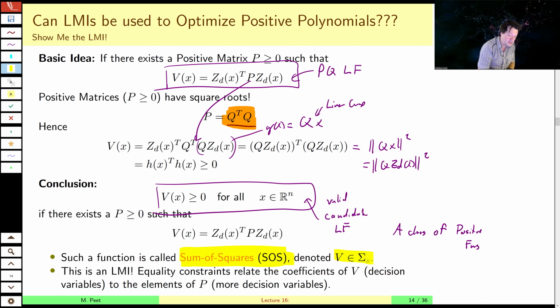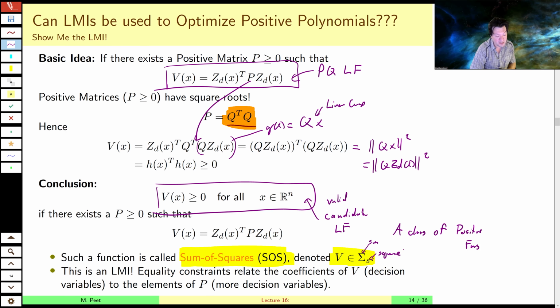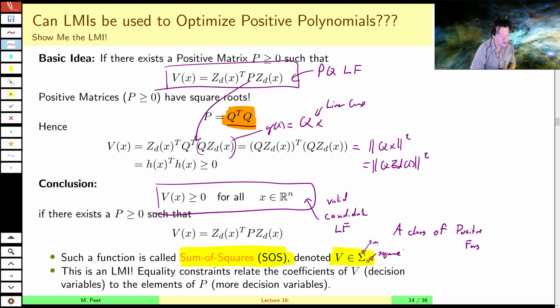And we have a very specific notation for this class with a sigma s for sum of squares. So we'll use that notation. Now, this is not all positive polynomials or all positive functions, but it is a class of positive functions, and it's a positive class we can parameterize, and in fact, in part C, we'll show we can optimize over it.